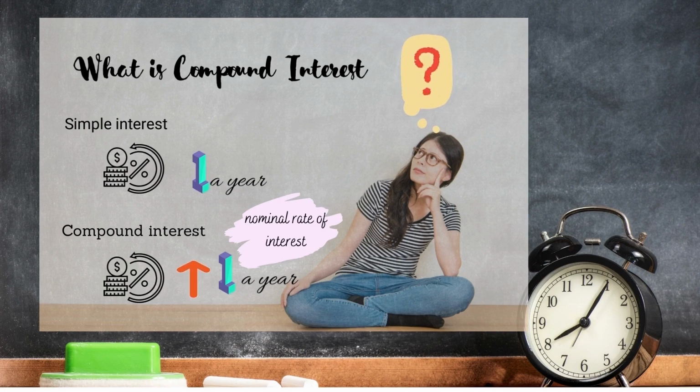The compound amount, or the accumulated value of the principal, is the sum of the principal and the compound interest. In the context of compound interest, the interest rate per annum or per year is called the nominal rate of interest.